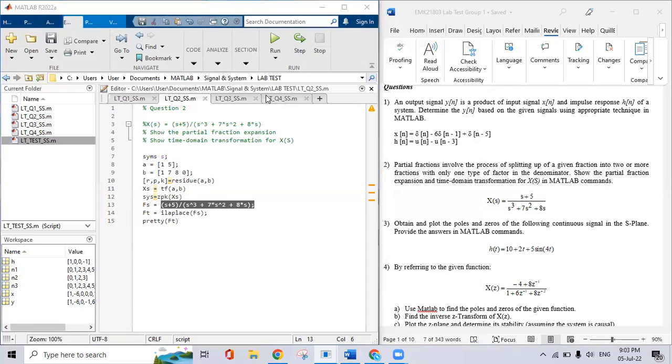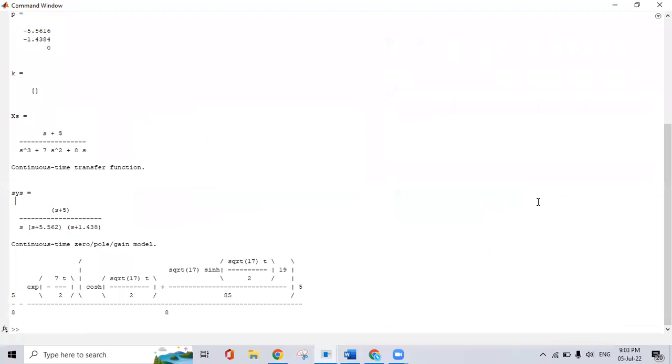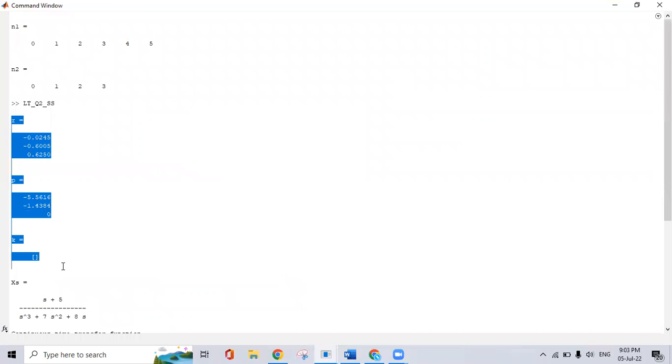So let us run our code. Okay, these will be the coefficients of our partial fractions, and they can be seen as the poles and zeros.